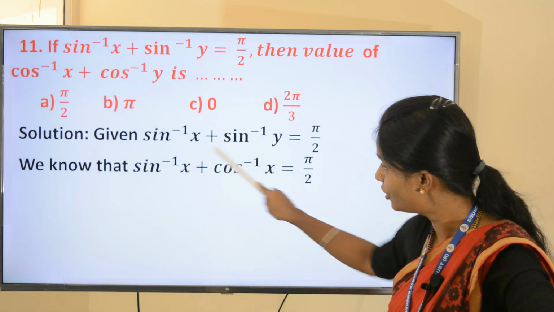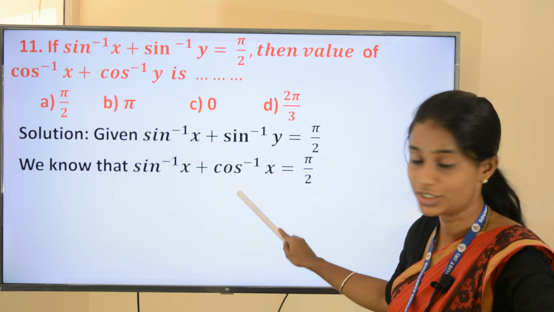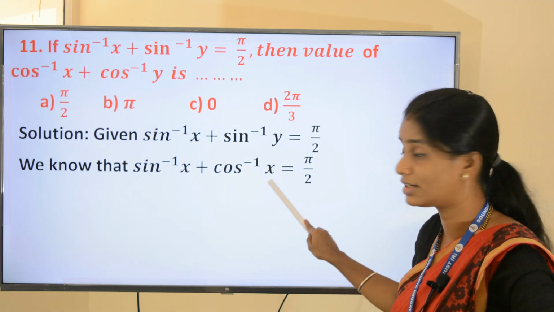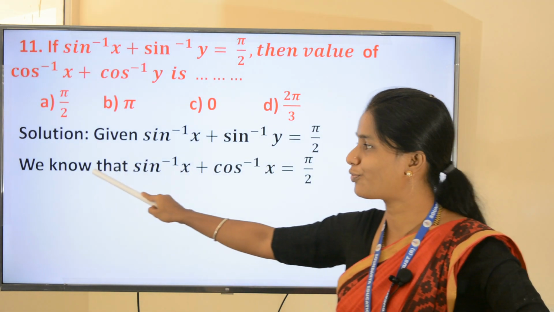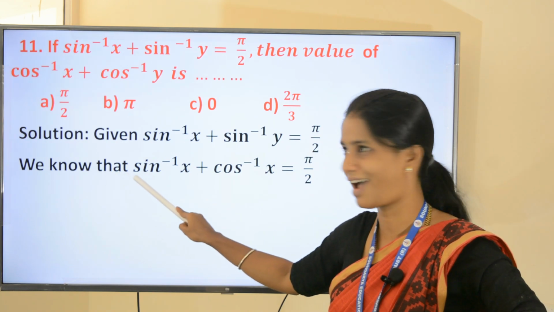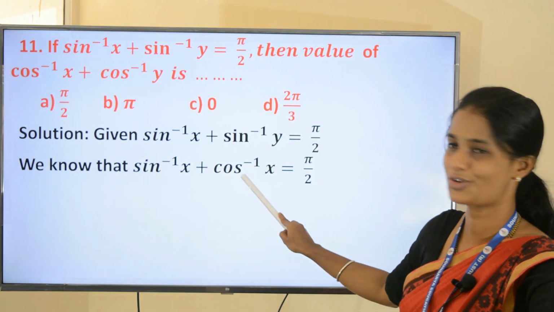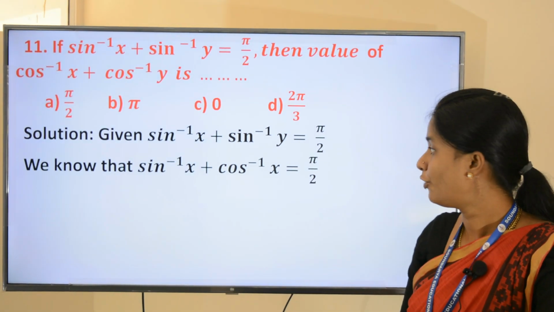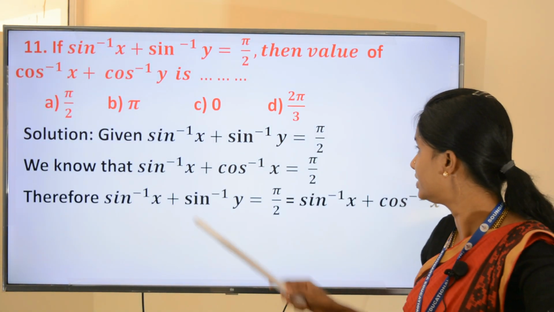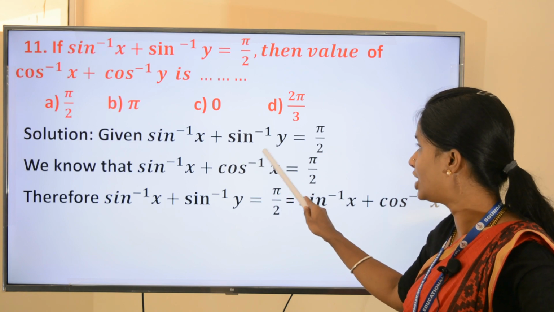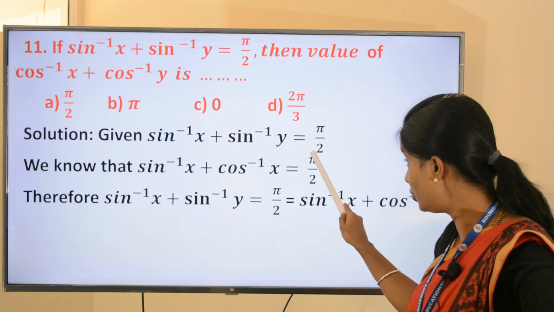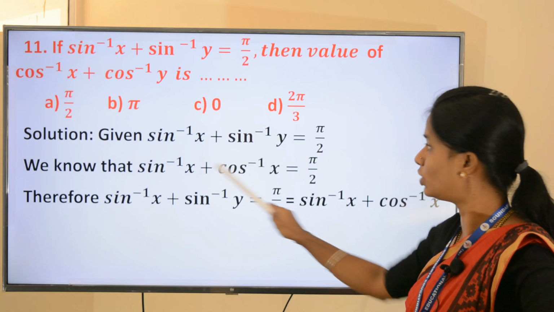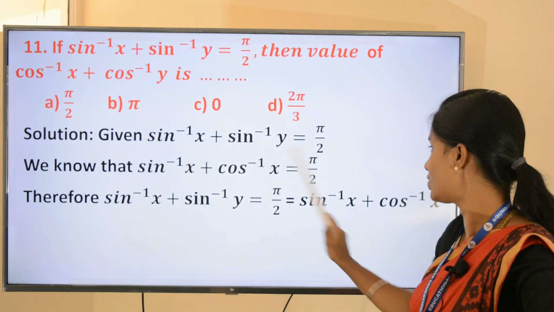We have proved this result also, so with lots of confidence I wrote, we know that sin inverse x plus cos inverse x is equal to pi by 2. Now we are going to equate the result. Sin inverse x plus sin inverse y is equal to pi by 2, and pi by 2 is equal to sin inverse x plus cos inverse x.